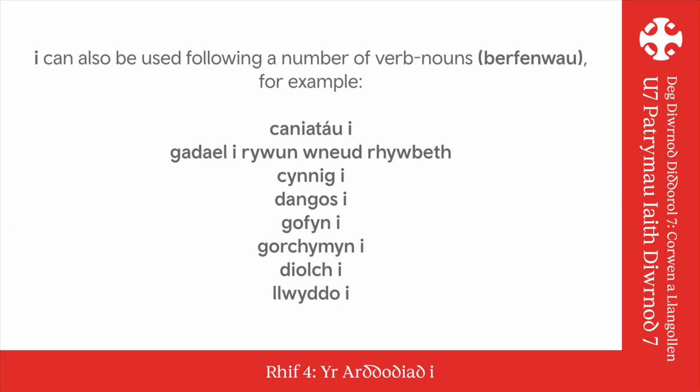I can also be used following a number of verb nouns, berfenwau. For example, caniatáu i, gadael i rywun wneud rhywbeth. Cynnig i, dangos i, gofyn i, gorchymyn i, diolch i, llwyddo i.